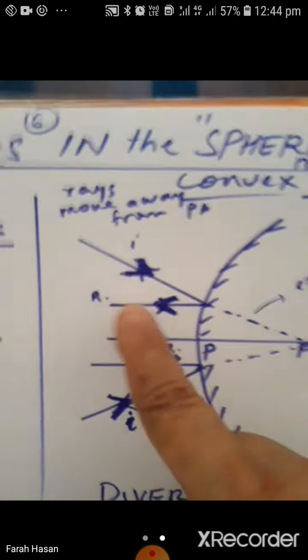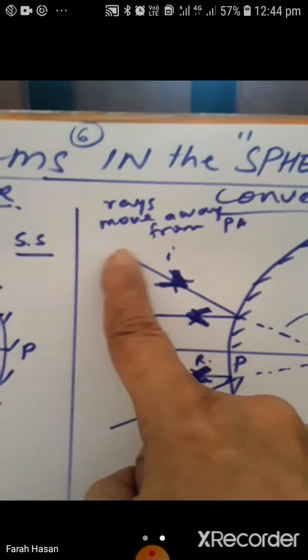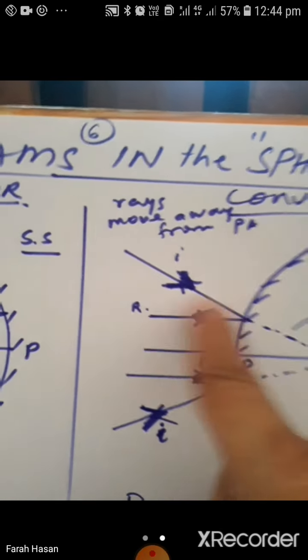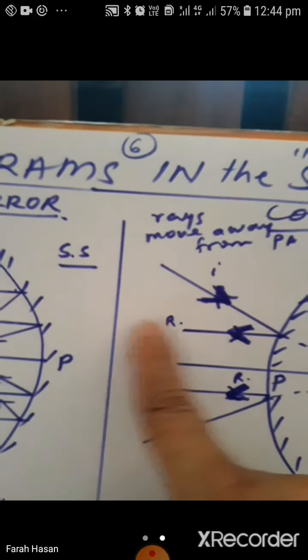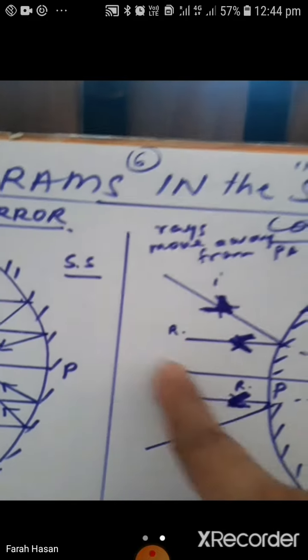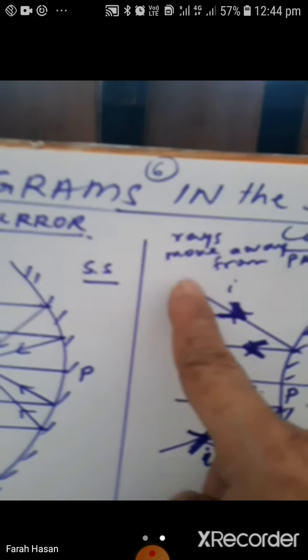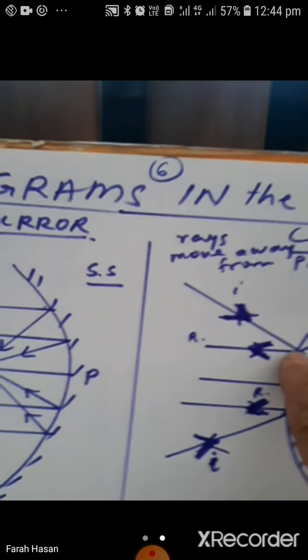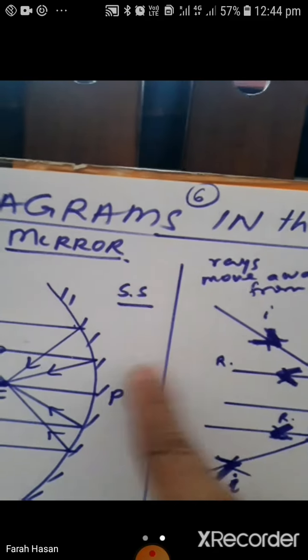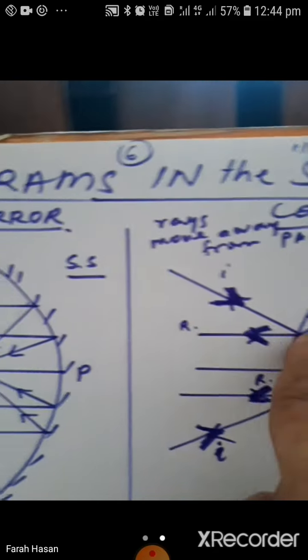Now let us consider this convex mirror, where we will see rays which are not parallel but slanting a bit, converging. They are not exactly parallel to the principal axis. So when this incident ray falls on the reflecting surface, it is reflected parallel.